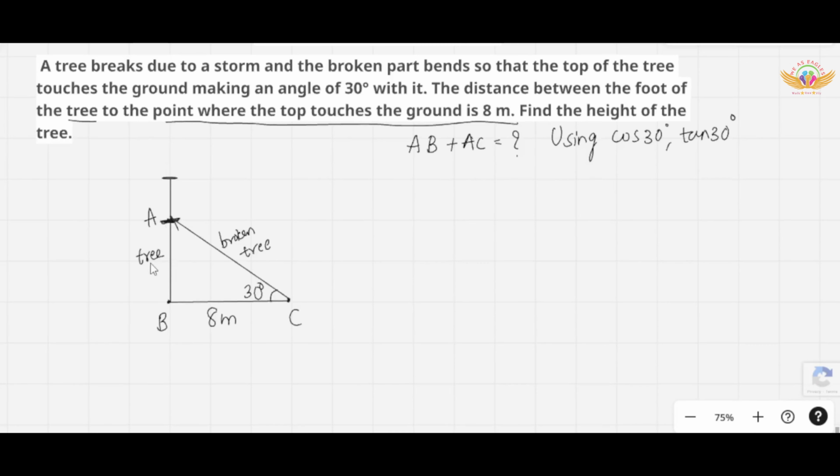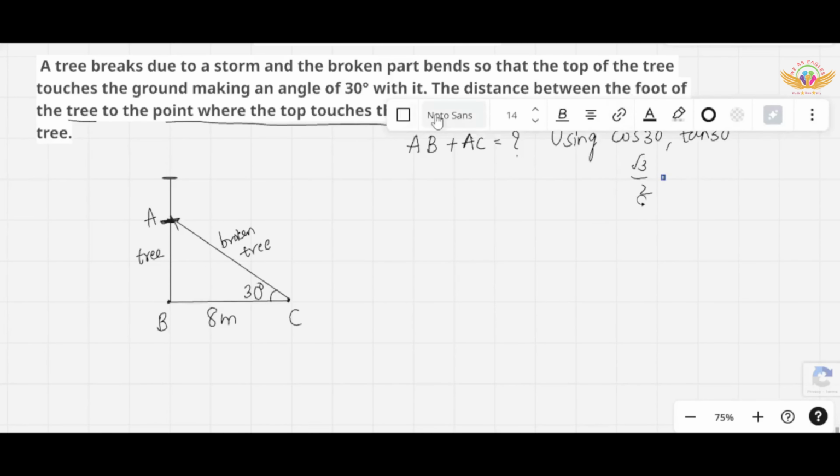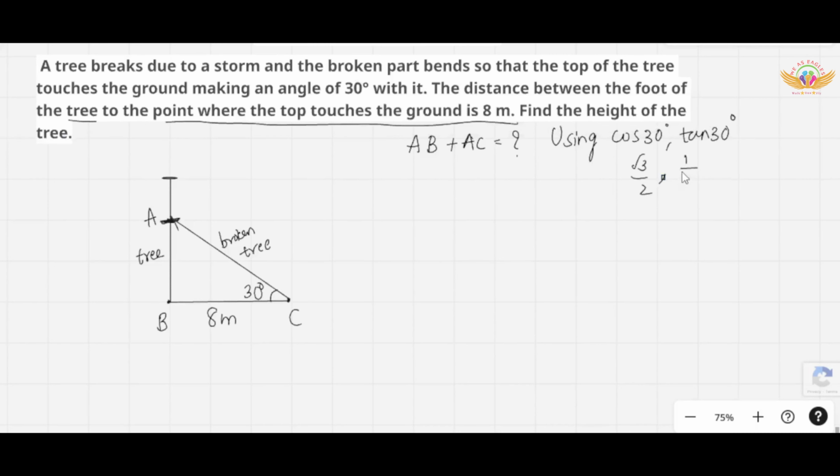So when I add this opposite and the hypotenuse, then only I'll get the total height of the tree. That is the reason I've chosen cos 30 and tan 30. So cos 30 value is what? Root 3 by 2, and tan 30 value is what? 1 by root 3.